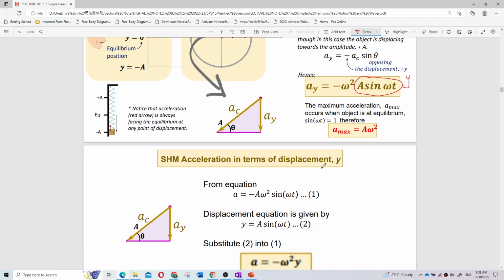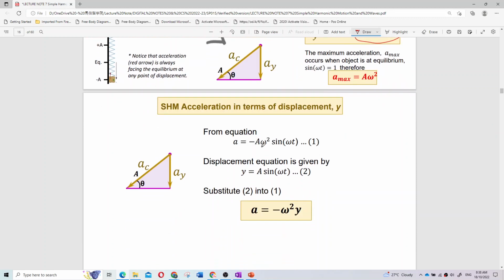So this one we substitute with y, because y is a sine omega t. Then we get this equation. Last time we had the acceleration versus time equation. Now we have the acceleration versus displacement equation. Very simple.